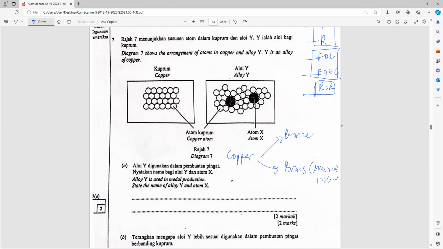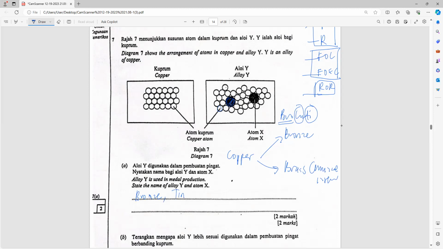So bronze is always in the metal production. Bronze is copper and tin. So here the smaller ones are the copper and the bigger ones are the tin. So the name of the alloy is bronze, and my atom X is tin.